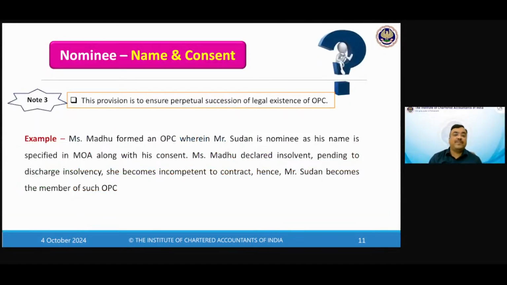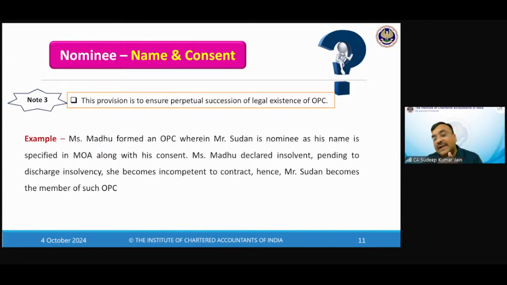Now, what is the purpose of appointment of a nominee? The purpose of appointment of a nominee is to ensure the perpetual succession of the legal existence of the OPC. There will be only one member, and if he dies, who will run it, right? So for this, the nomination clause will be put in beforehand. See the example: Miss Madhu formed an OPC wherein Mr. Sudan is nominee as his name is specified in the MOA along with his consent.